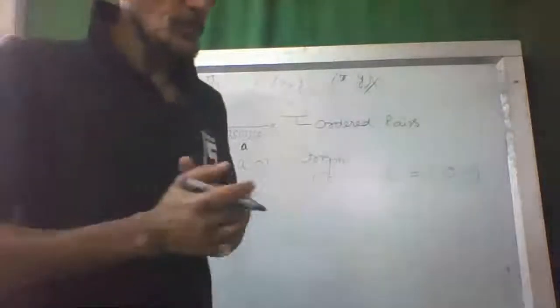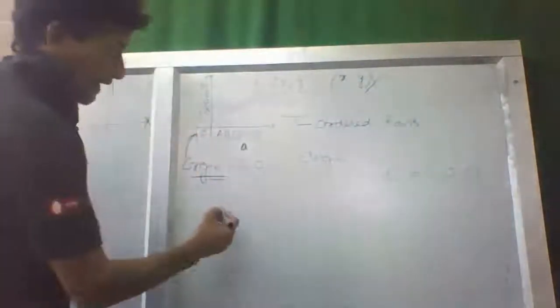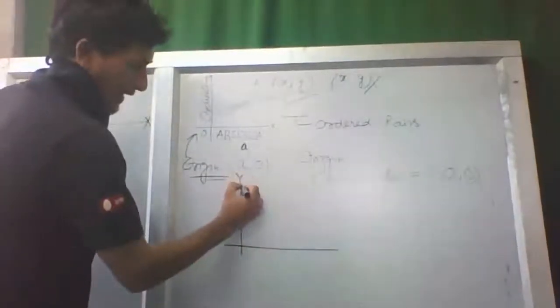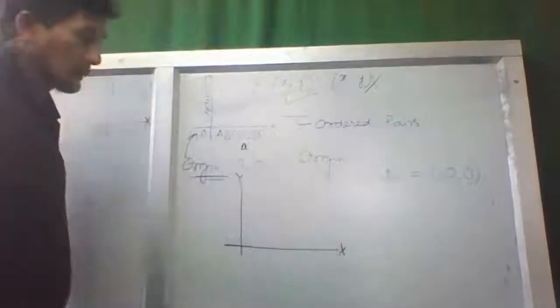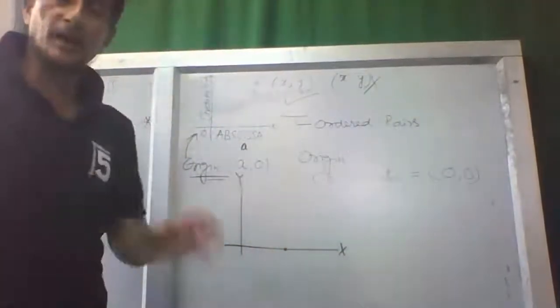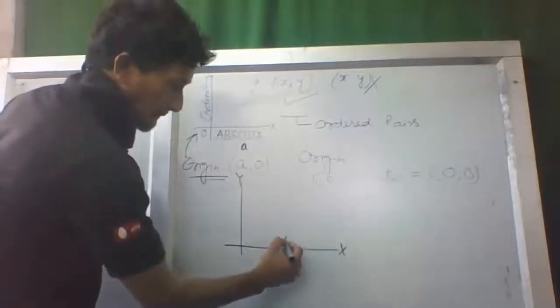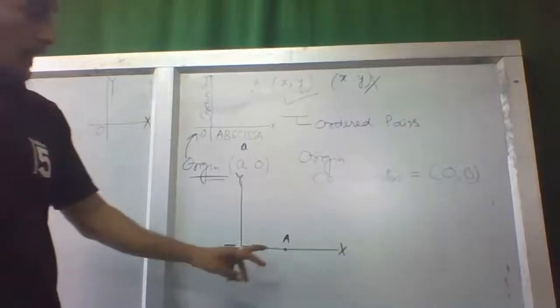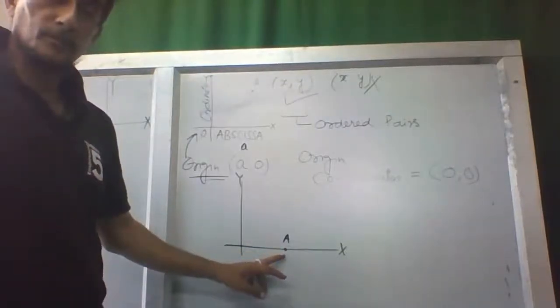Got it? So now suppose in this graph, with the y-axis and x-axis, a point A lies on the x-axis. Now, what are its coordinates?